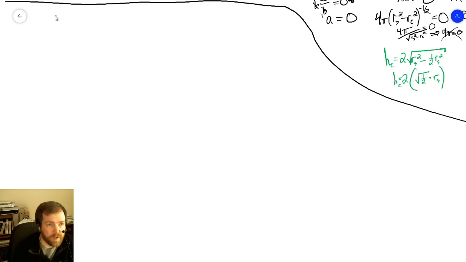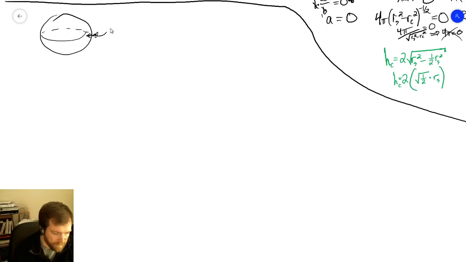There's a spherical balloon, and the volume is increasing at a rate of, so you know this is dV/dt, 4 cubic feet per second.